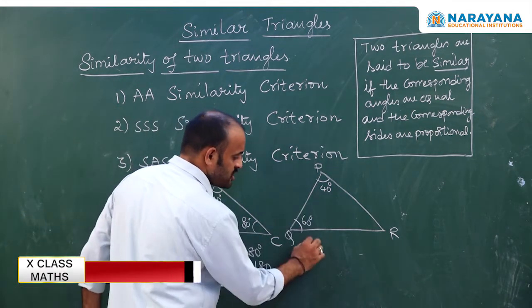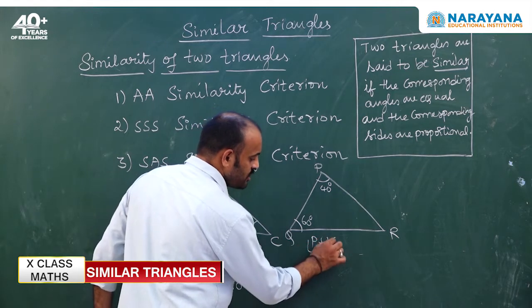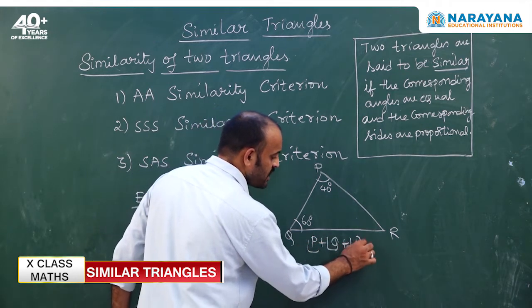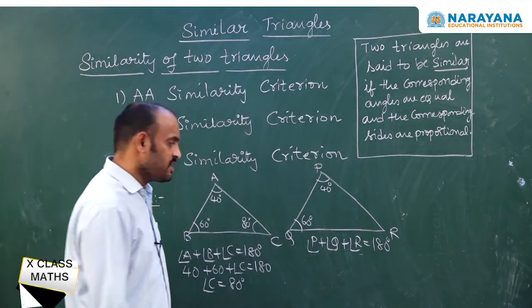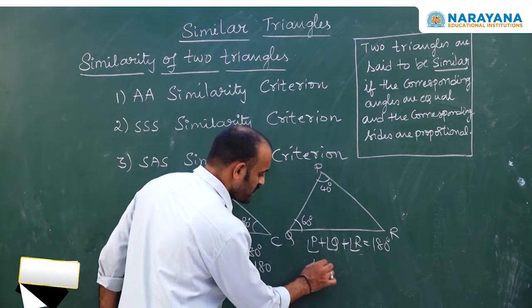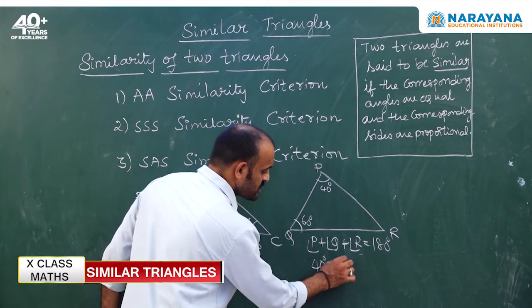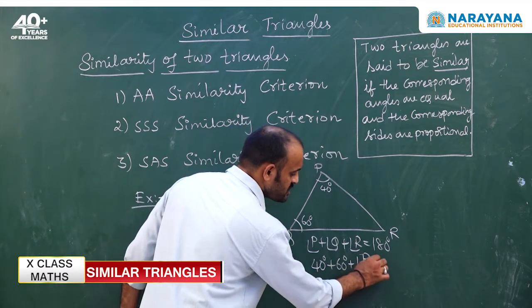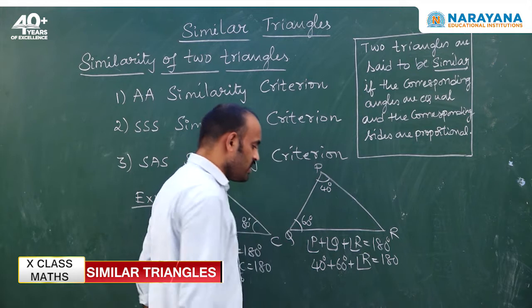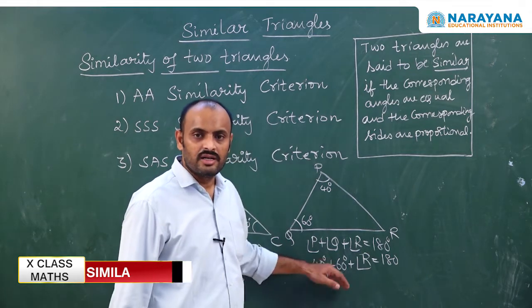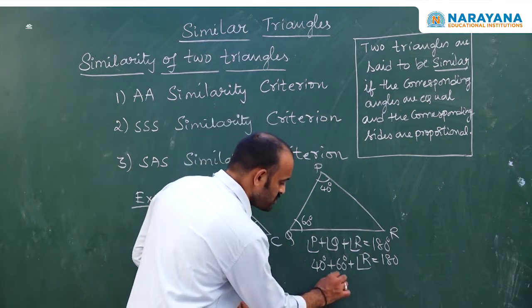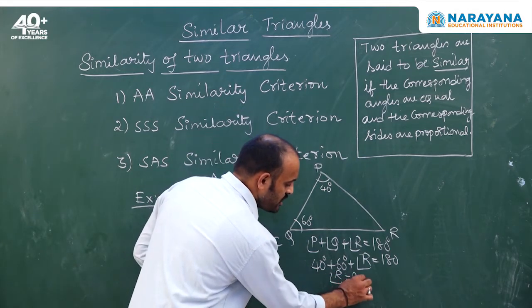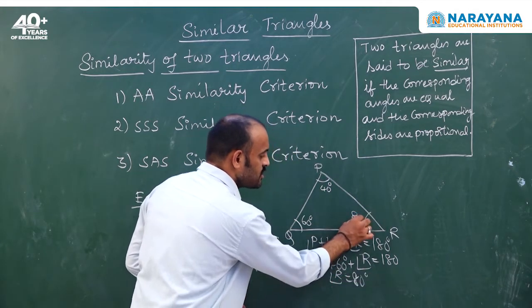Next, in this also same, angle P plus angle Q plus angle R is equals to 180 degrees. Angle P 40 degrees, angle Q 60 degrees plus angle R is equals to 180. What is 40 plus 60? 100. Transpose other side, minus 100. Therefore angle R is equals to 180 minus 100, 80 degrees.